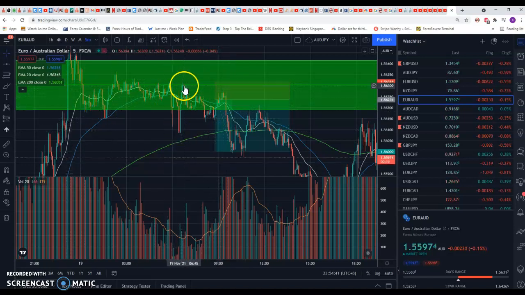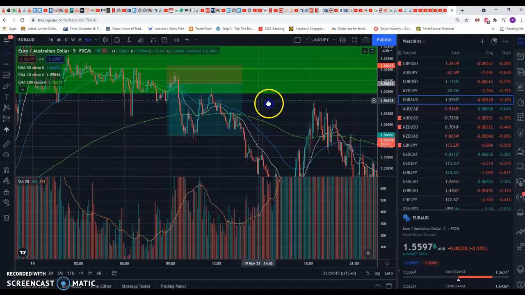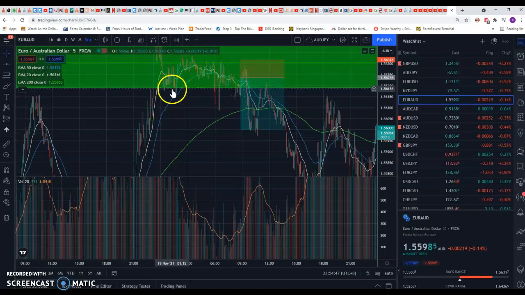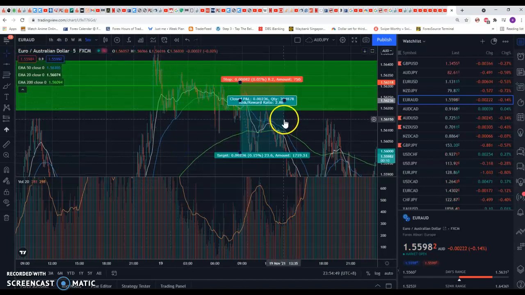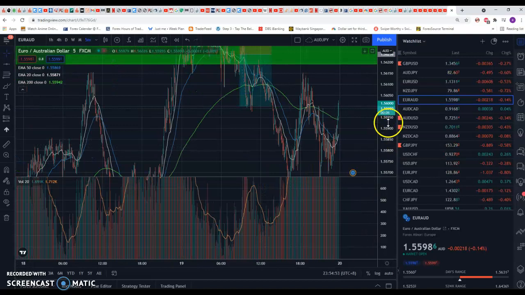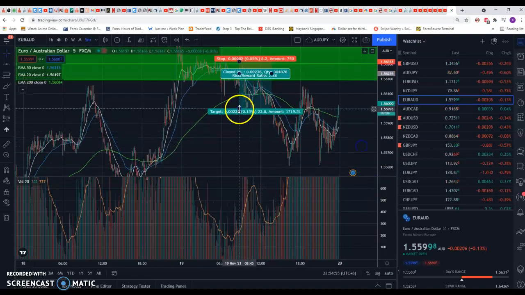So he tests already, then he kind of failed, then he came back down. Cancelled here, came back up, then there's this trap area. You can sell again. All the way down.